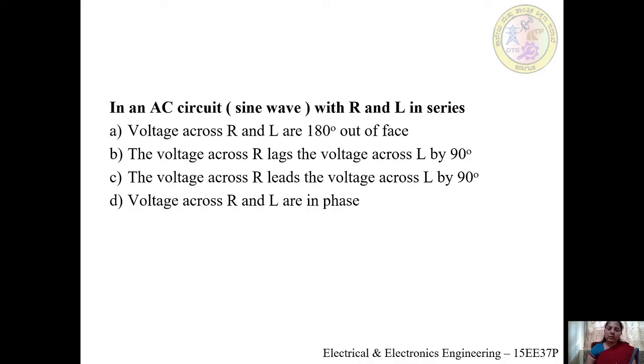The voltage across R leads the voltage across L by 90 degree. Voltage across R and L are in phase. So which is the correct answer? Here in RL series circuit, the voltage across R will be lagging behind the voltage across L by 90 degrees. So the correct answer is B.